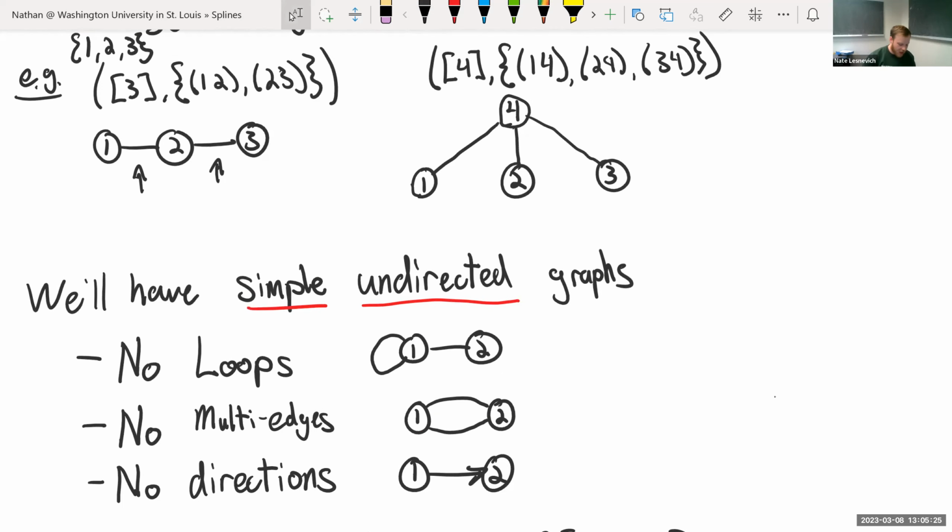So we're not going to see any loops, no edges back to oneself. Our edge set is not going to be a multiset. The edge ij is the same thing as the edge ji, so we're also going to be undirected.